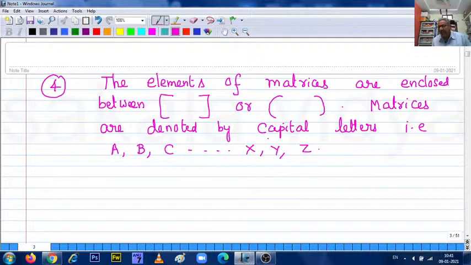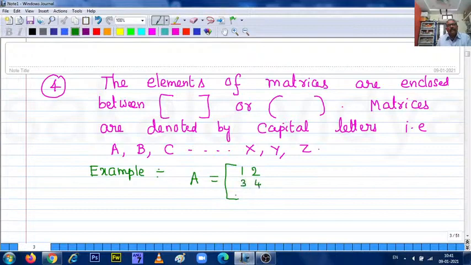A matrix, B matrix. Example, we can write like this: A equals 1, 2, 3, 4, minus 5, 0. Don't put commas between these. The elements of a matrix are enclosed between this bracket.